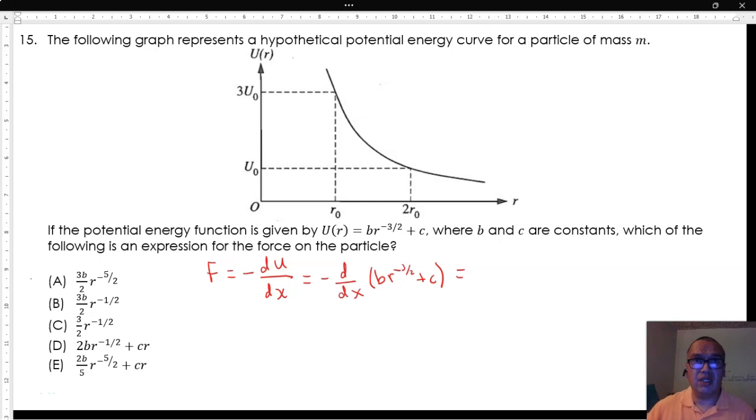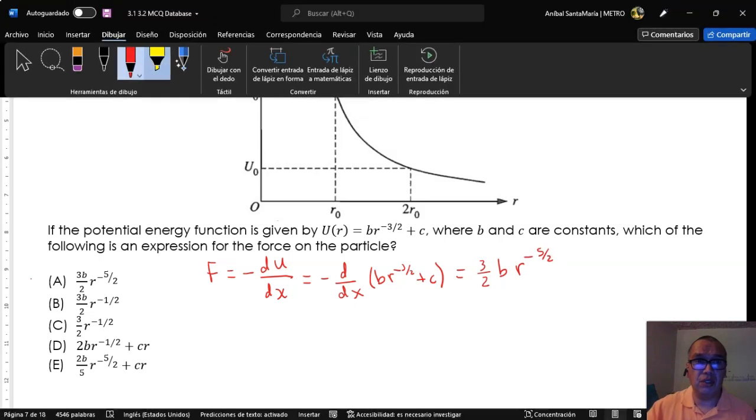And according to the derivative theorems, we have positive 3/2 b r to the negative 5/2. That is option A.